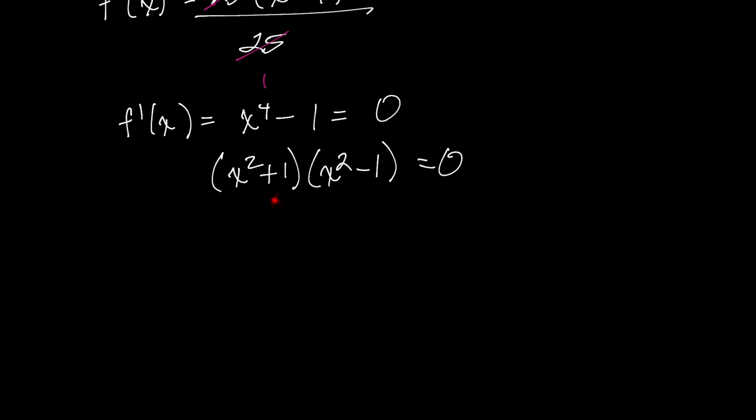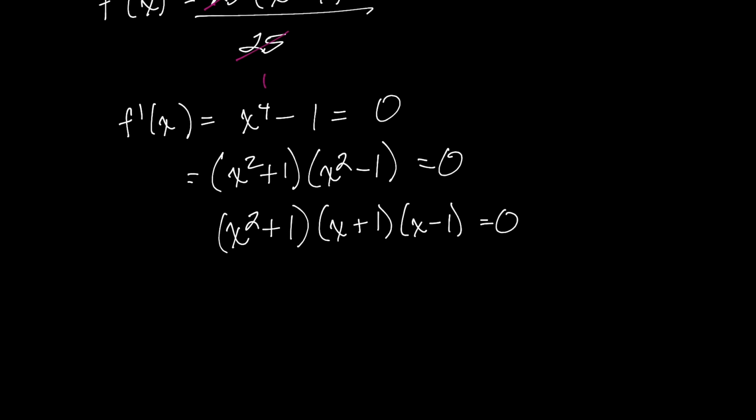This factor, x squared plus 1, doesn't break down anymore. But this x squared minus 1 is the difference of two perfect squares also. So that could become x plus 1 times x minus 1, and that's all equal to 0.